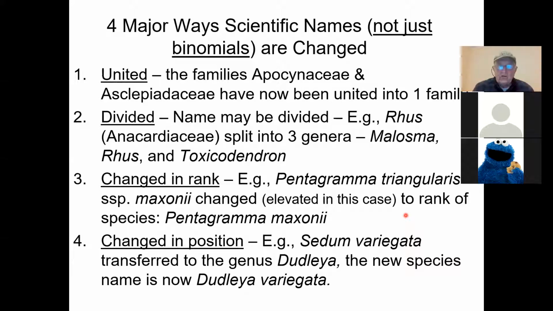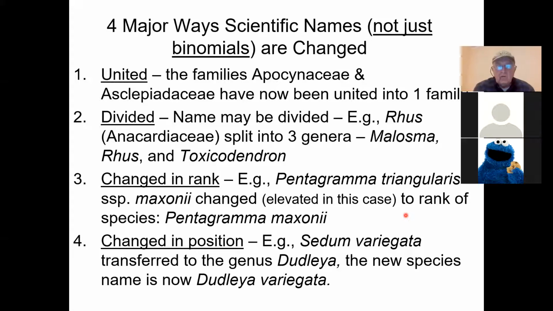When I first started studying, and I think even in the Vascular Flora of the Carolinas, they called everything Rhus. And somebody figured out that they're not that closely related. In fact, what's happened is that today, Rhus includes all of the non-poisonous red-berried members of the group, whereas Toxicodendron is the white-berried, toxic members of the group: poison ivy, poison oak, poison sumac.